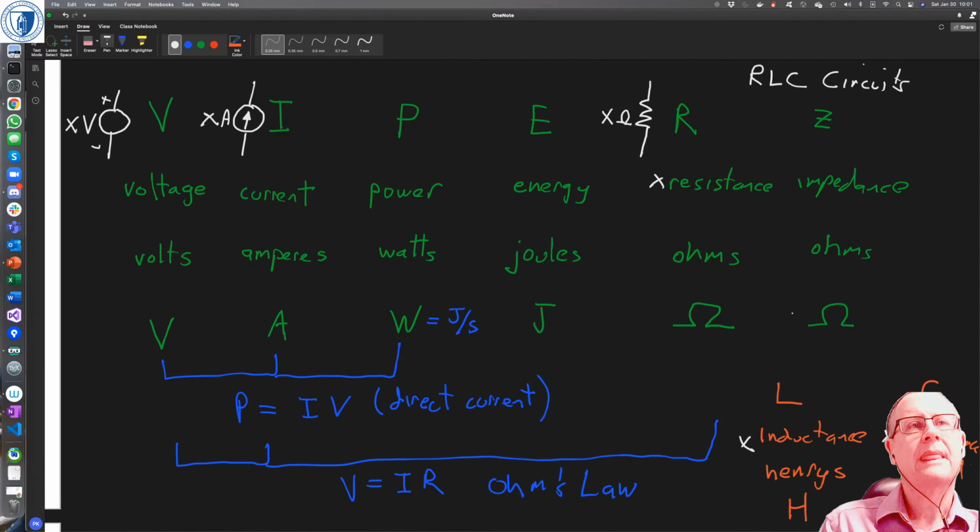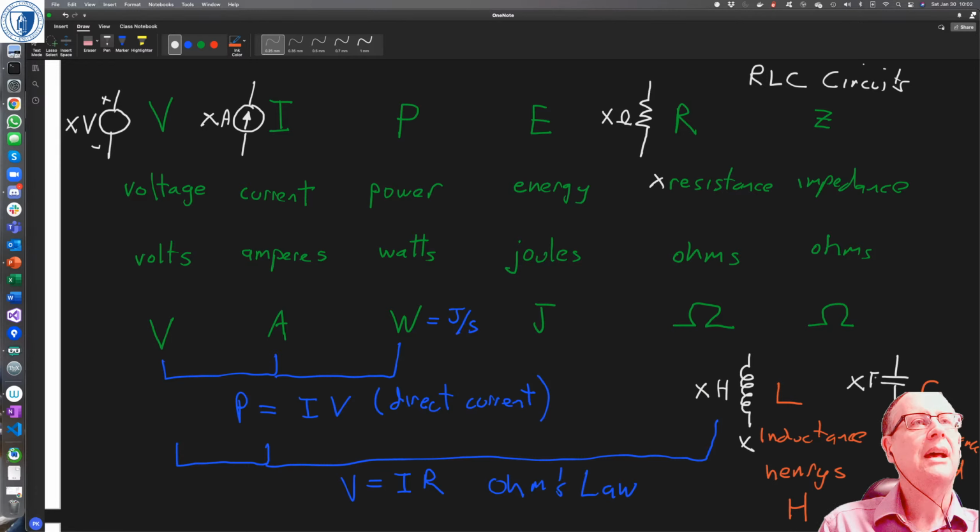An inductor looks like a curly resistor, and it's going to have X henries beside it. And a capacitor looks like that, and it's going to have X farads beside it.